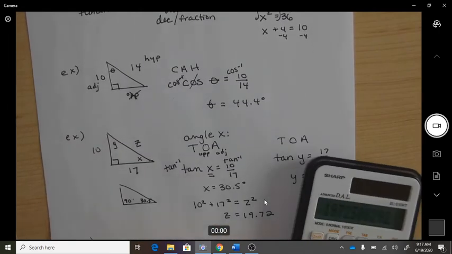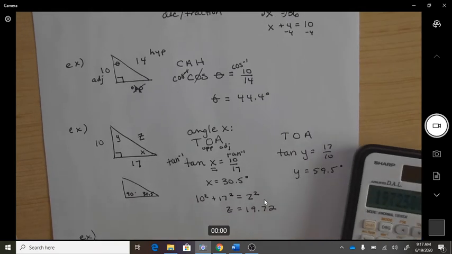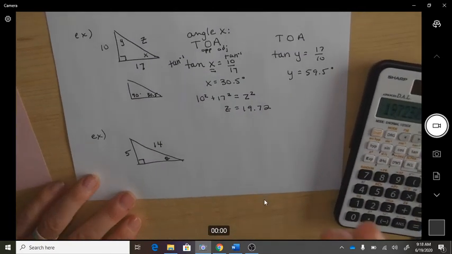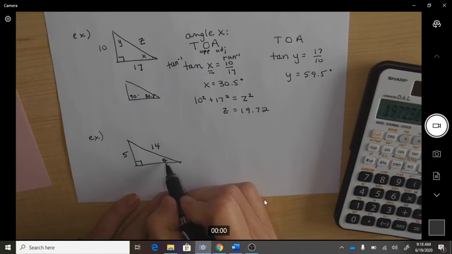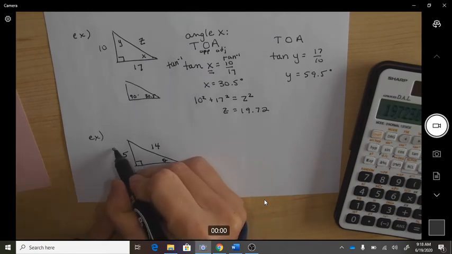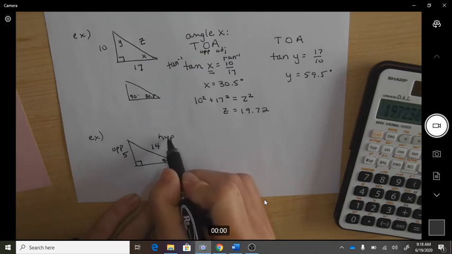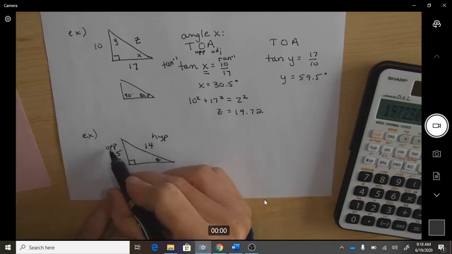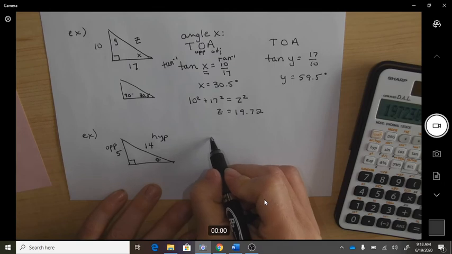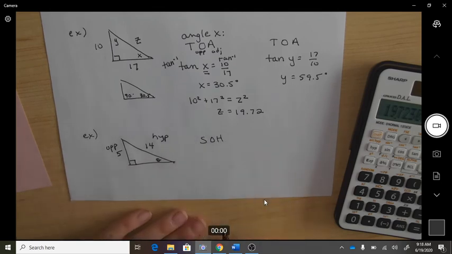Okay, one more here. So find that angle. Okay, so from this angle, this would be an opposite, and this is a hypotenuse side. So I have an O and an H. So that means I'm going to use SOH.